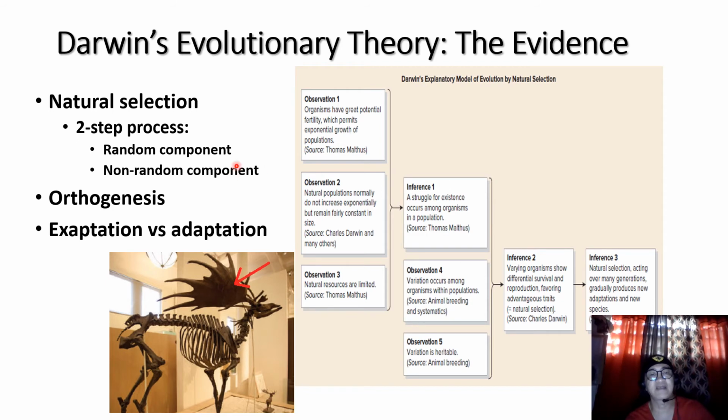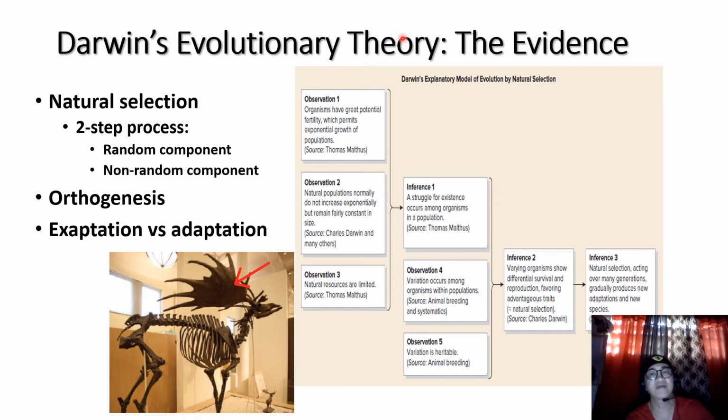So that's the non-random component. This differential survival is determined by the effectiveness of different traits in permitting the possessors of such traits to use environmental resources to survive and reproduce.